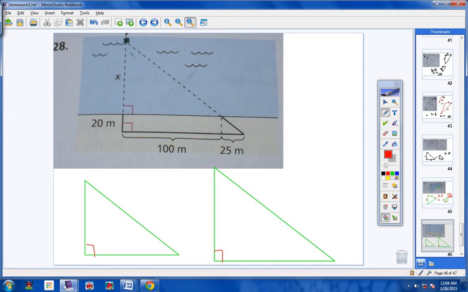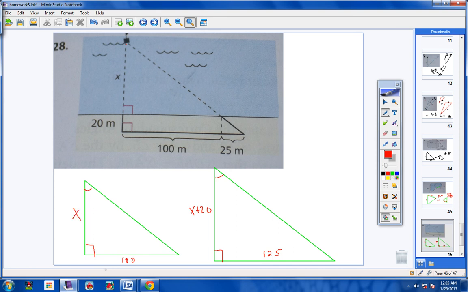Both triangles share an angle up here. So mark this, and let's see, going across here, the whole triangle is 125. This one here would be 100. This whole length right here would be 20 plus x. From here to here's x, and then from here to here's 20. So x plus 20, and then this length from here to here is just x. So this would be x right over here.